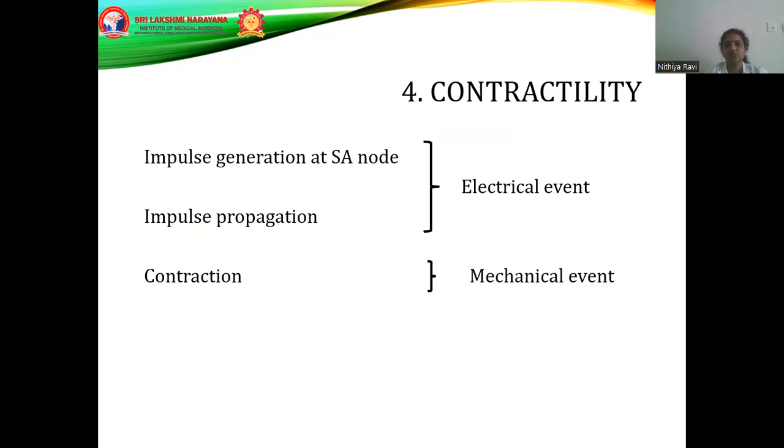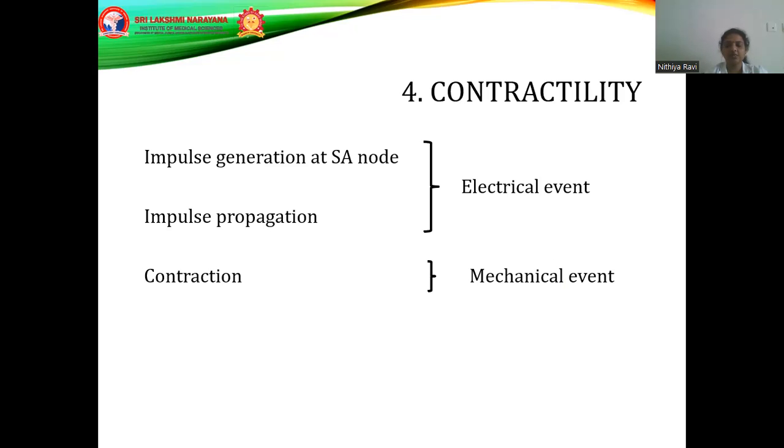Next property is the contractility. The impulse that is generated at the SA node and propagated through the different tissues, which we saw in the previous slide, are nothing but events which occur because of electrical activity.